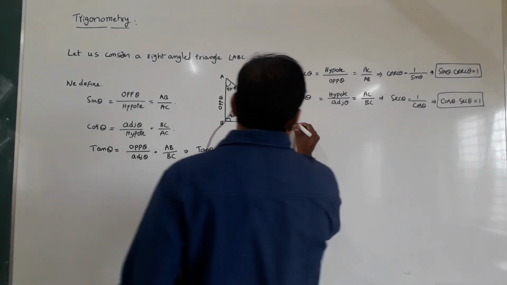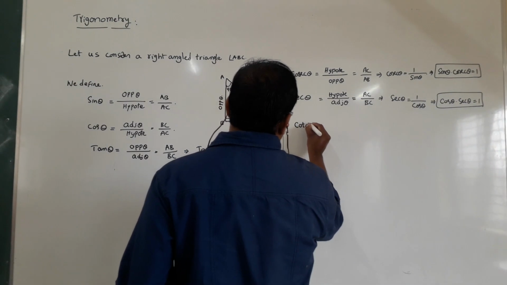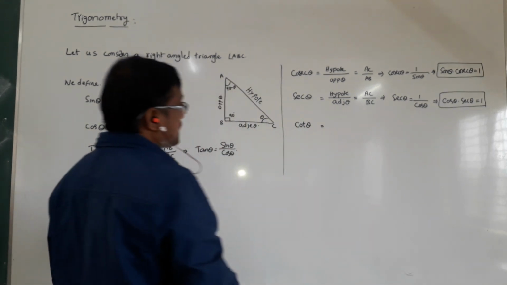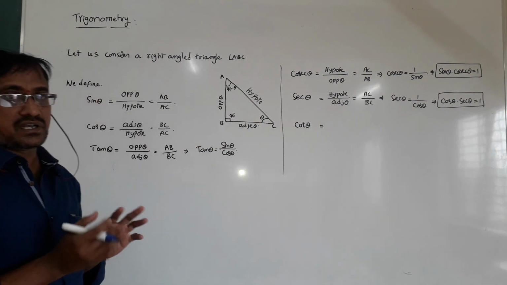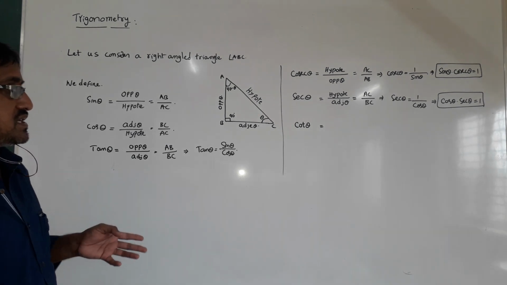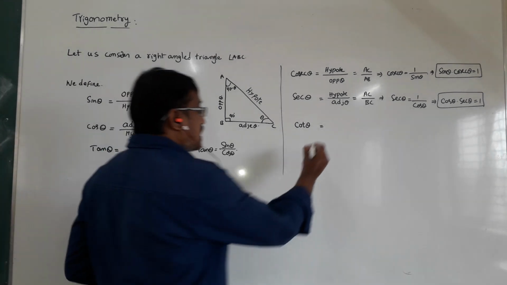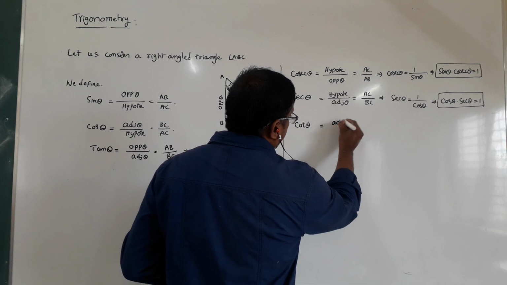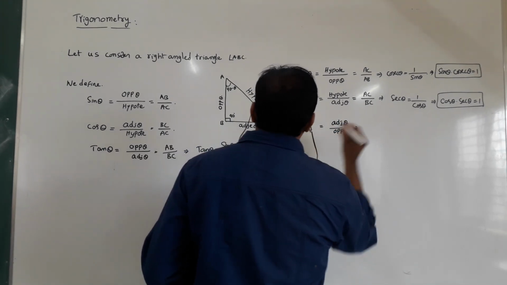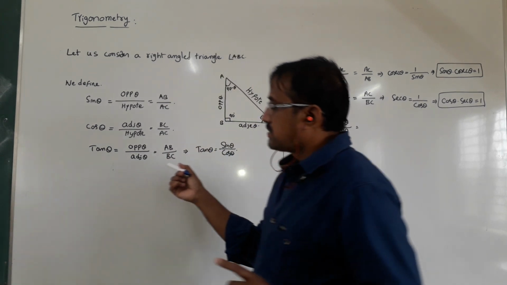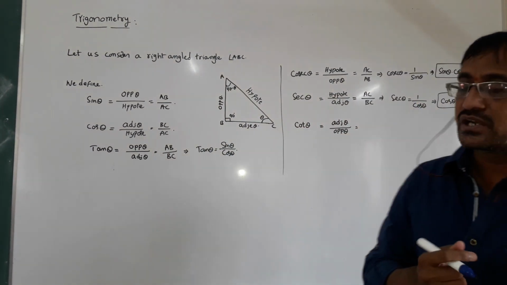Now we define cot theta as the reciprocal of tan theta. Cot is nothing but the cotangent function. So what is tan theta? Opposite to theta by adjacent side to theta.